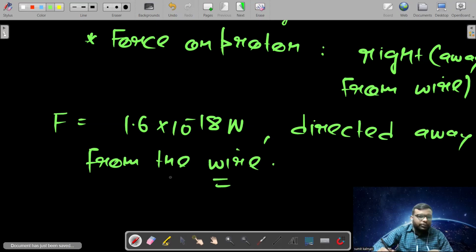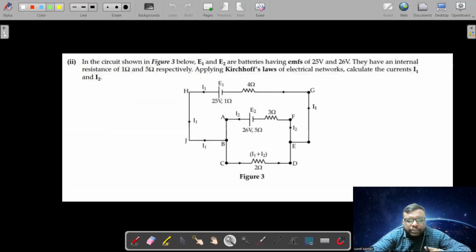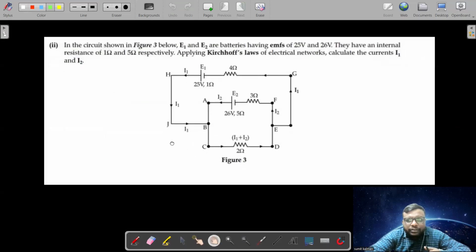Now we will see the last problem of this lecture. So let me upload the problem. Now students, last problem of this lecture. Actually, this problem is from current electricity. We just have to apply Kirchhoff's law to calculate the current I1 and I2.